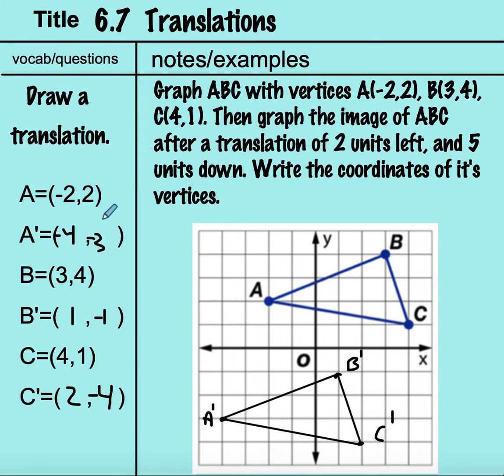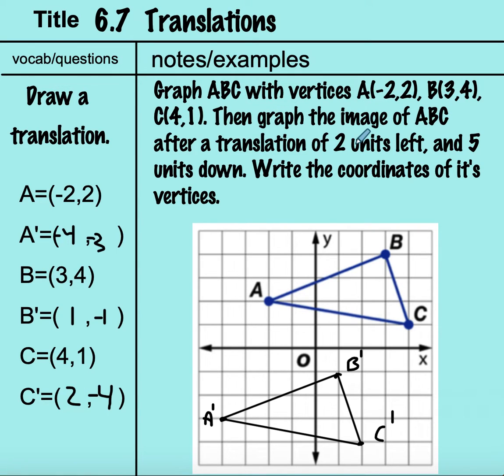Alright, welcome back. Hopefully you saw the connection between each of the X coordinates because we're moving 2 to the left and the X coordinate controls movement left and right, and left is in the negative direction. We subtracted 2. So in each case we subtract 2 from the X to get the new X coordinate.